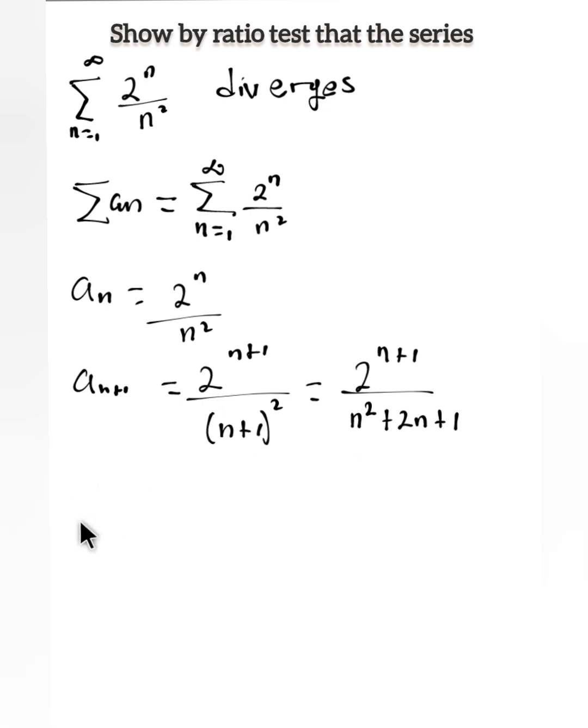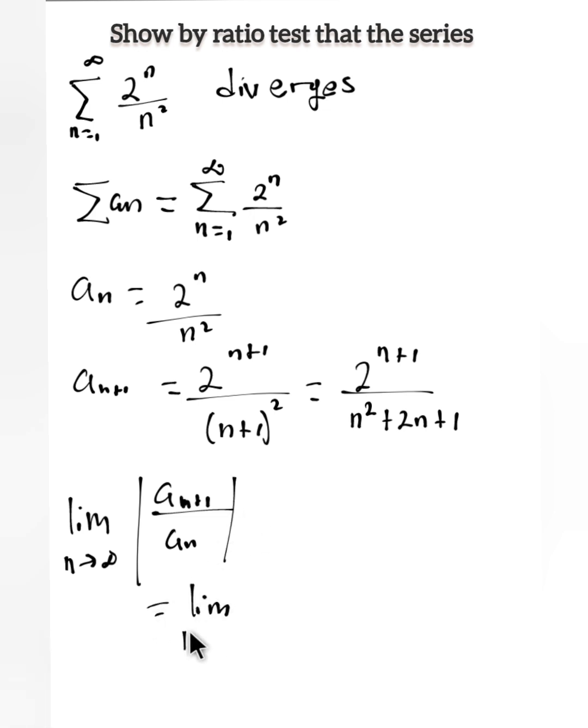We have them. Now we need to find the limit as n tends to infinity of a_(n+1) all over a_n. Now this will give us the limit as n tends to infinity of a_(n+1), which is 2^(n+1) all over n squared plus 2n plus 1. Now this division sign here, you can just use it here, divided by a_n. a_n is this expression here, which is 2^n all over n squared.